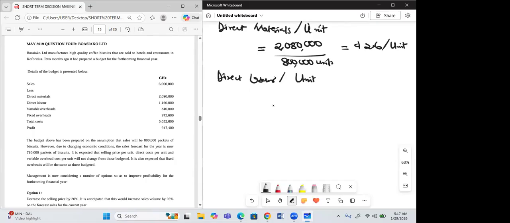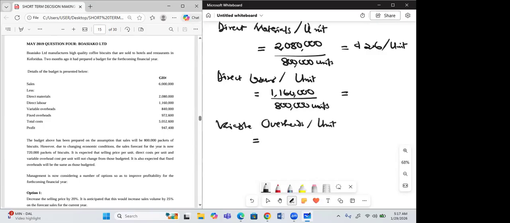Variable overheads, 840,000 over 800,000. The direct labor is 1.45 and the overhead is 1.05 per unit.